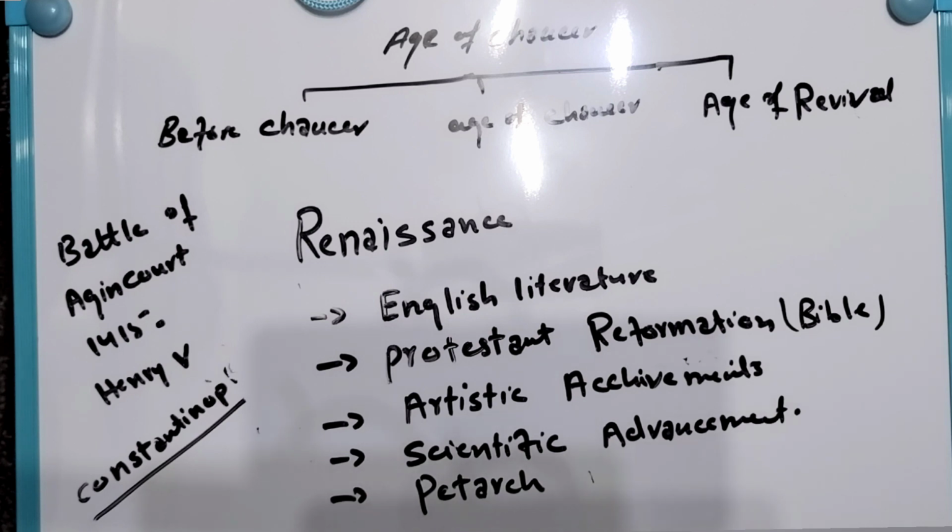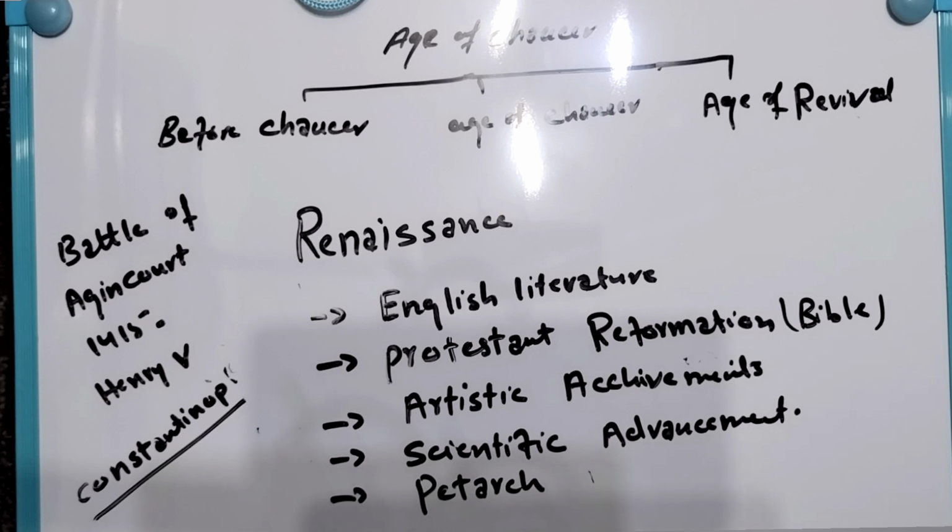This was the time of the Protestant Reformation, which means the Bible was translated into so many languages that everyone could approach it and see what is in the Bible. Before this, the work was written in Latin.